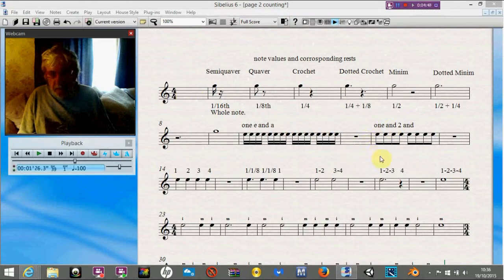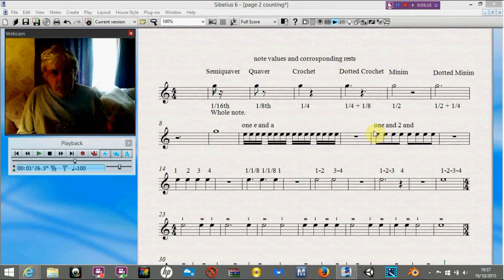Then we have our 8th notes, 1 and 2 and 3 and 4, and each crotchet, the quarter note, is now divided into pairs. That equals 1 crotchet, that equals 2 crotchets, that equals 3, that equals 4 crotchets, which equal 4 quarter notes.